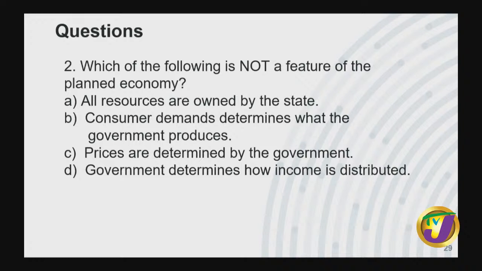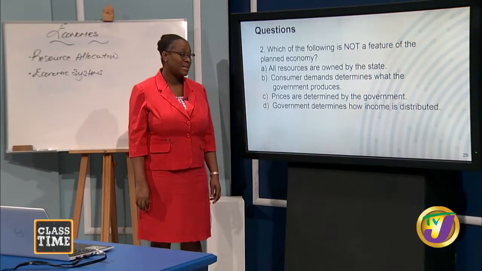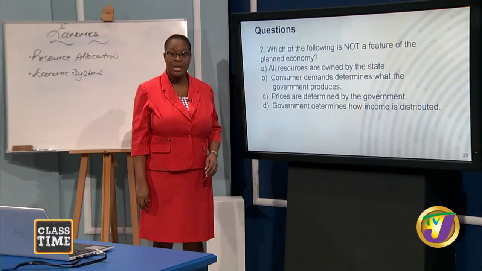Giving you a few seconds. And I'm sure you have the right answer. The answer there is B also. Consumer demands determine what the government produces. That is not a feature of the plan. That's a feature of the free market.